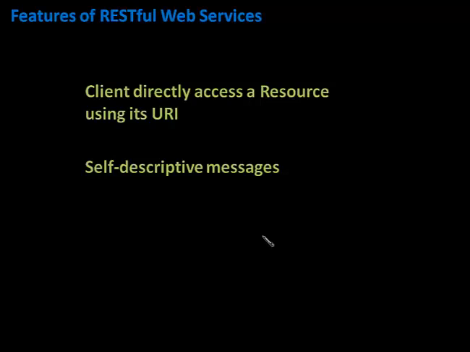The response message which the client gets is self-descriptive in nature, which means that the message in itself would contain the information of the format in which the client can read the response message.